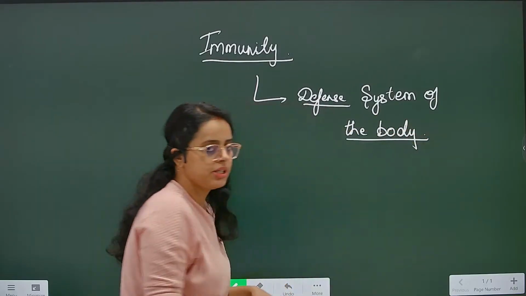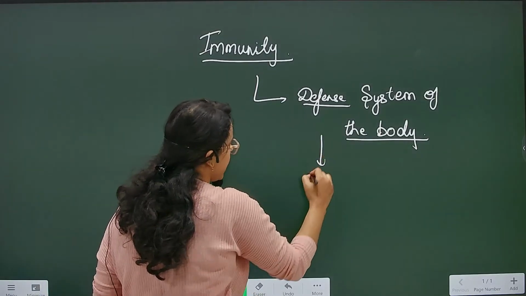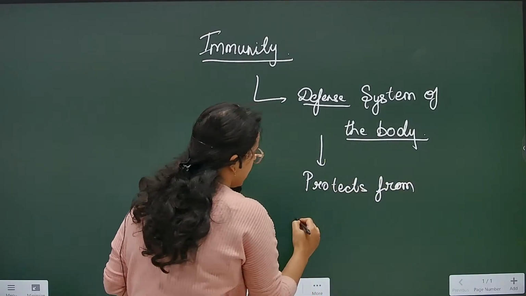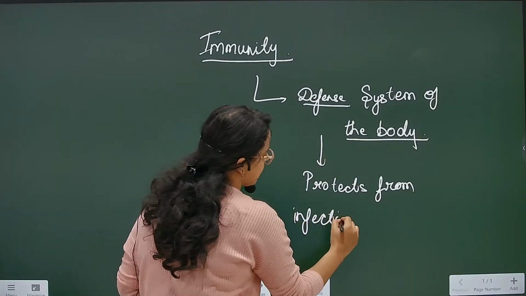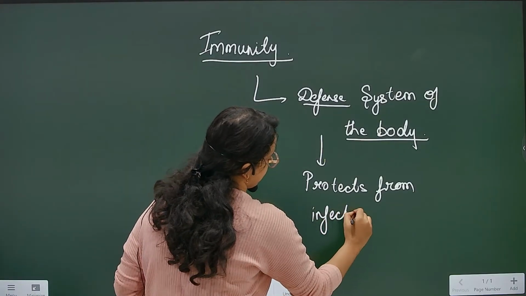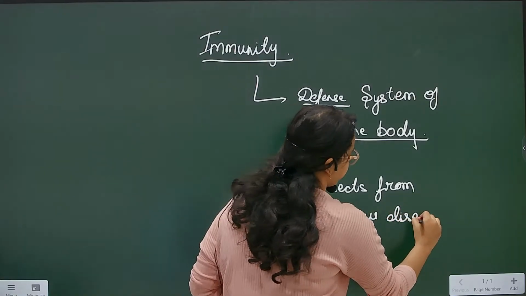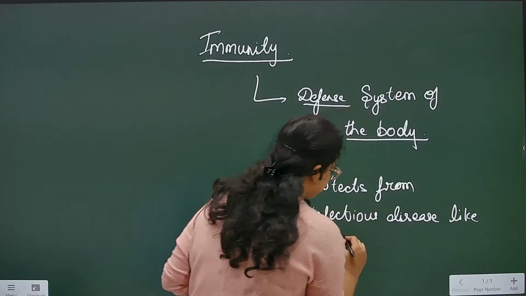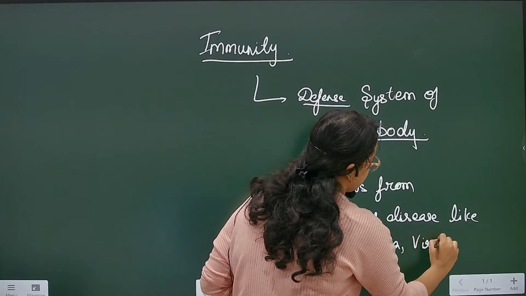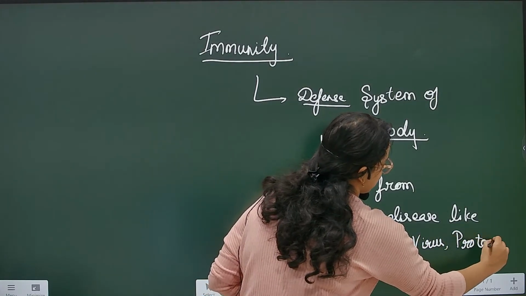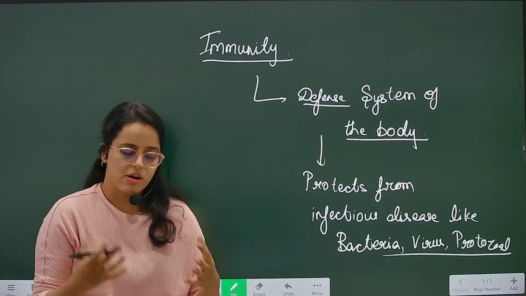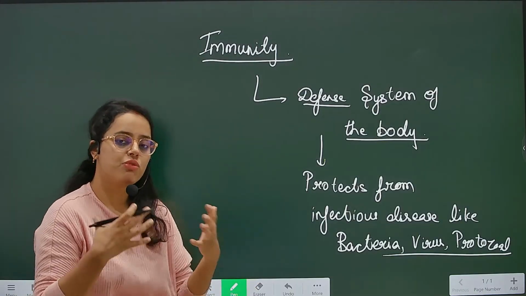There are types of immunity. What does the defense system do? It protects from infectious diseases like bacteria, virus, helminth, protozoal, etc. So any foreign substance that is entering the body, the defense system is protecting from those foreign substances.